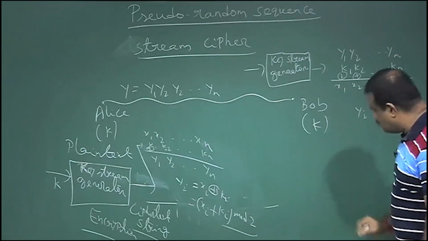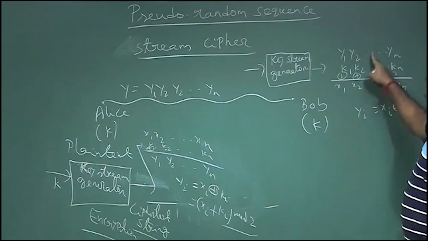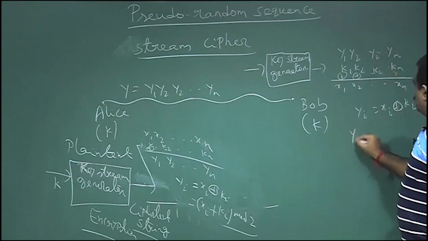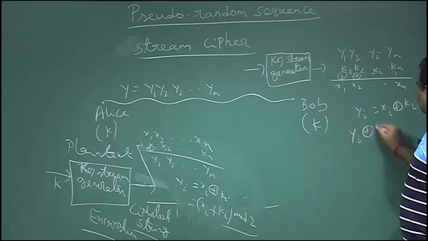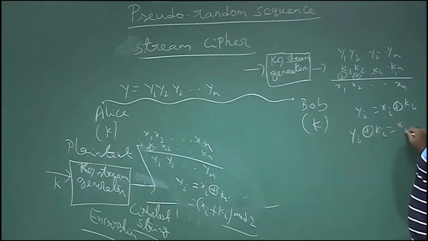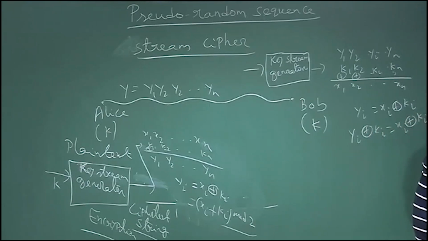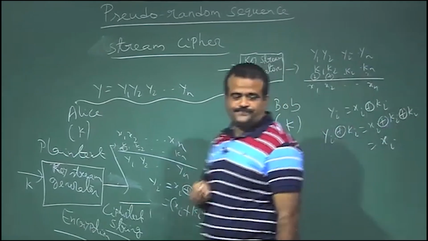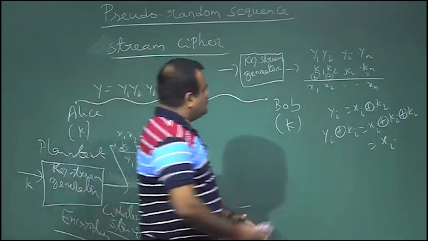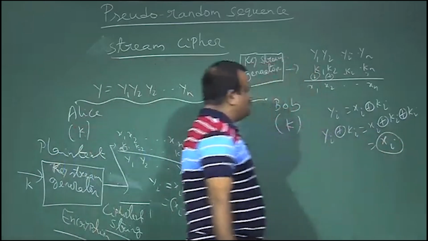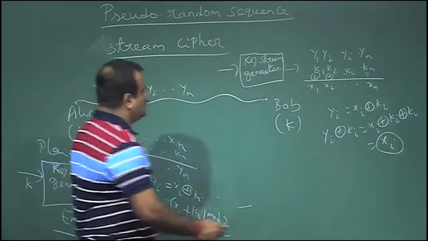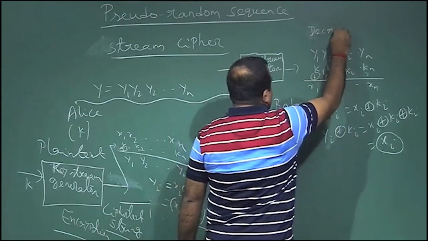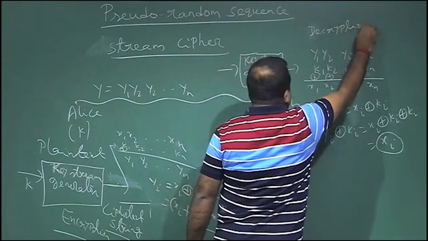Bob computes yi XOR ki, which is xi XOR ki XOR ki, so it gives us xi, the ith bit of the plain text. This is the decryption Bob is doing.